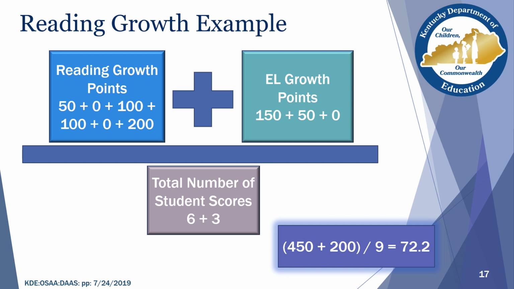The total number of students' scores has to include both the K-Prep test and the Access for ELs test. In our example, we have 6 students with K-Prep reading scores and 3 students with Access for ELs scores for a total of 9 student scores. Our final calculation is 450 plus 200 divided by 9 equals a rounded value of 72.2.